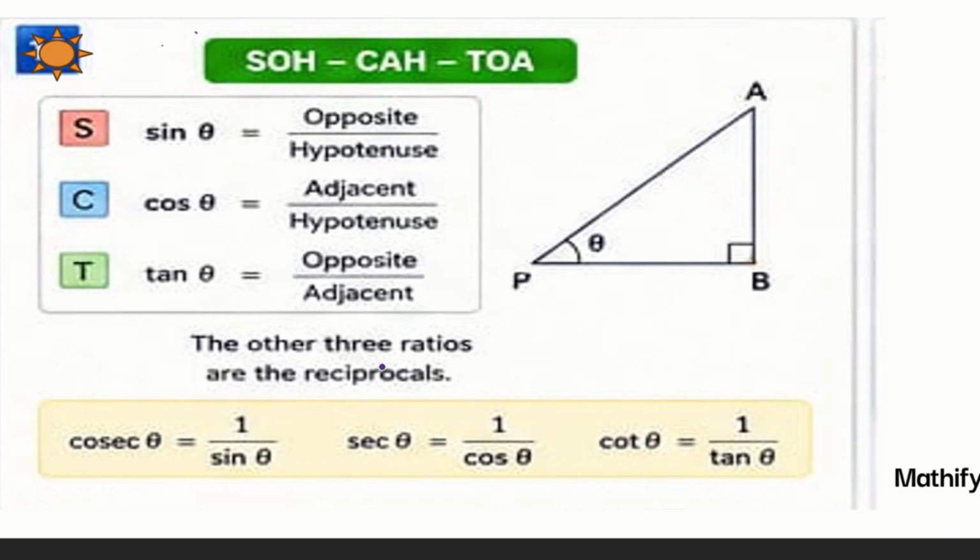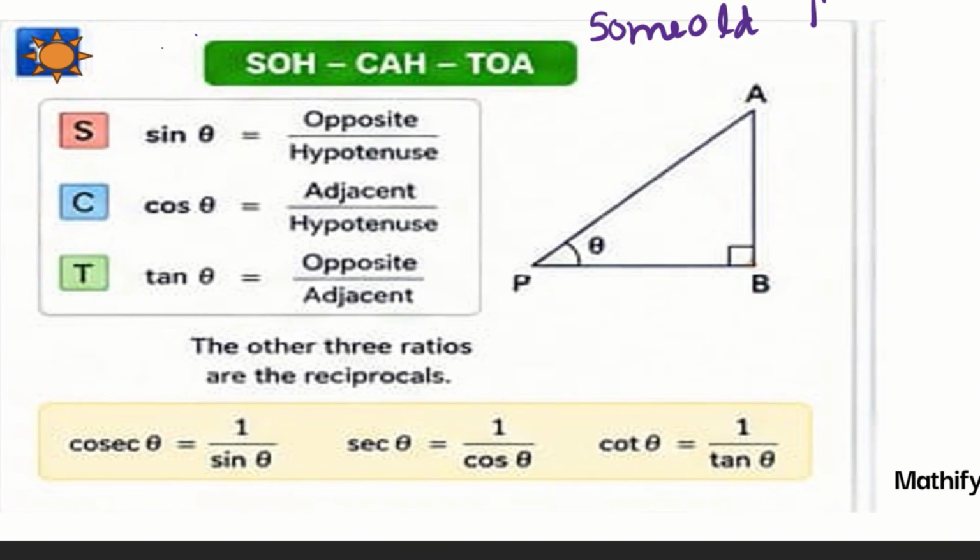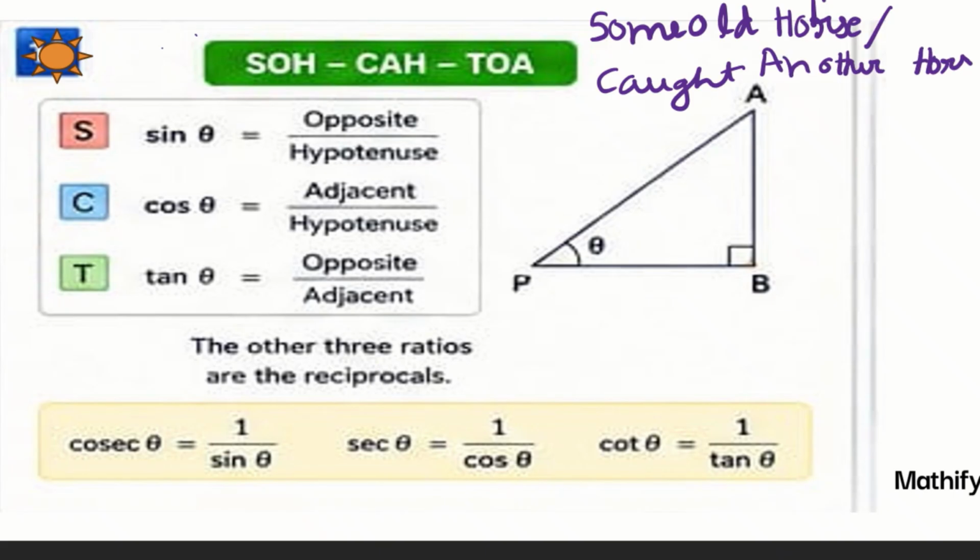We have another trick also to remember these ratios: Some old horse caught another horse taking oats away.